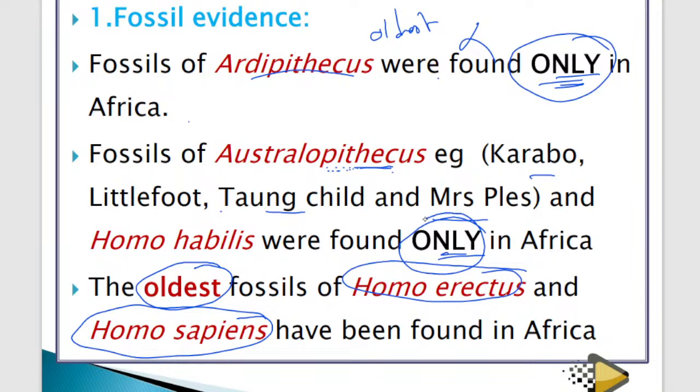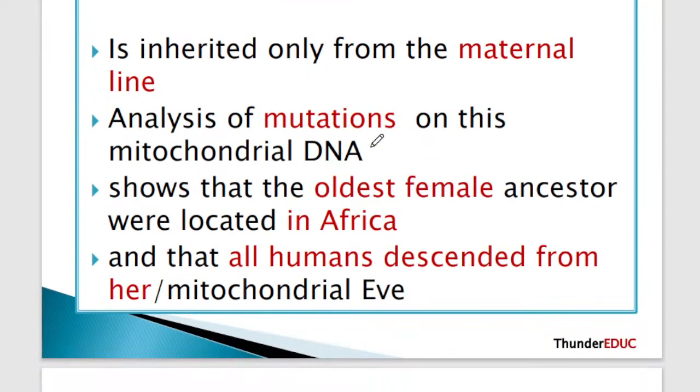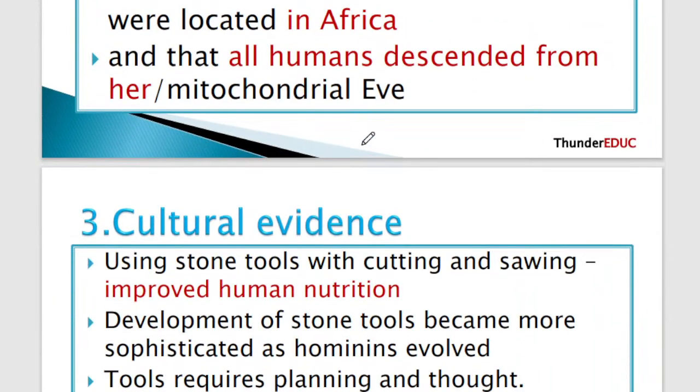That's why when I was writing this book, I put this word in bold and in capital letters so that you see exactly what you're supposed to write. So here you say only found in Africa. But when it comes to Homo erectus and Homo sapiens, you have to add the word the oldest. The oldest fossil of Homo erectus and the oldest fossil of Homo sapiens was discovered in Africa.